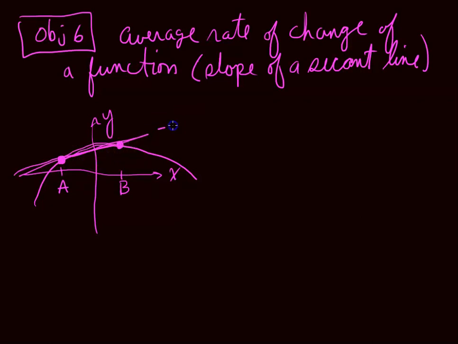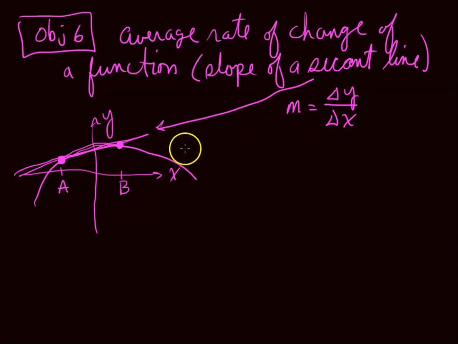This is the secant line. And the slope of a secant line, if you've got 2 points, is found the same way. It's the change in y over the change in x. It's y2 minus y1 over x2 minus x1. Same thing.